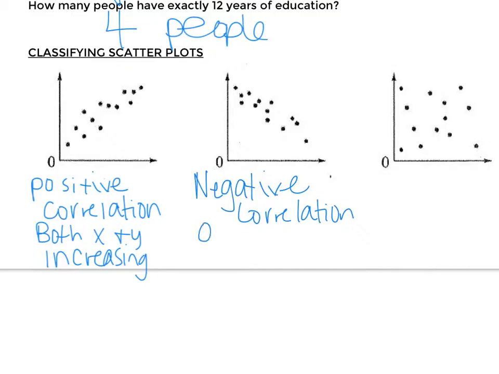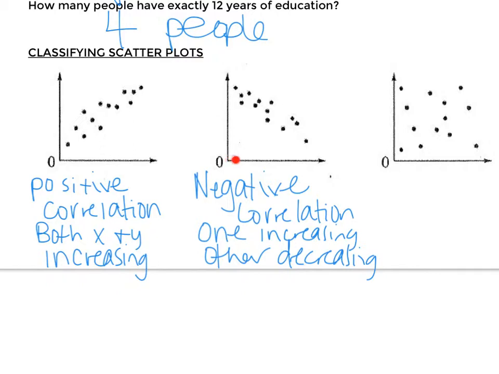So as one of your values is increasing, the other is decreasing. As we head to the right on our X value, our Y values are getting smaller and smaller and smaller.